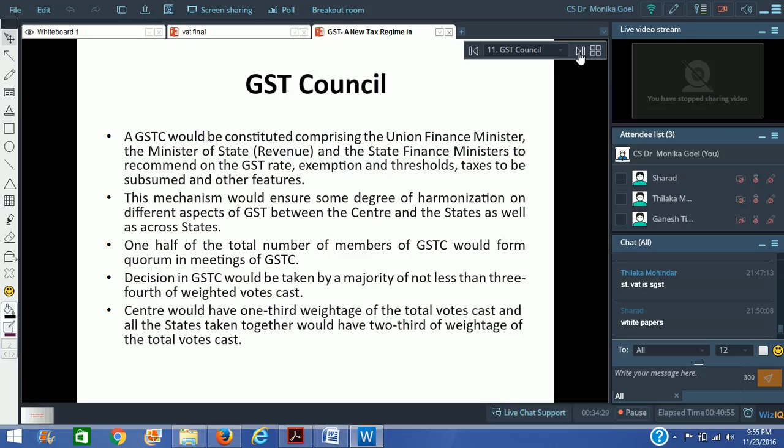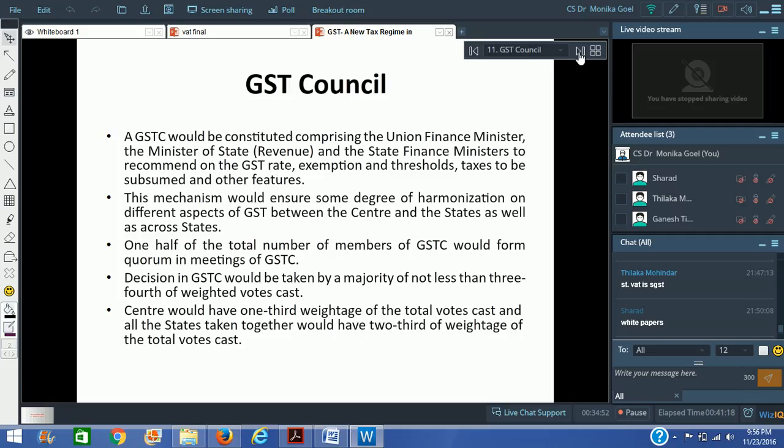Now this council has been constituted, and it comprises the Union Finance Minister, the Minister of State for Revenue, and the State Finance Ministers of all the state governments. This council will recommend the GST rate.